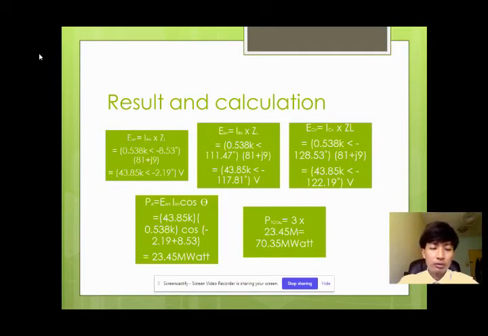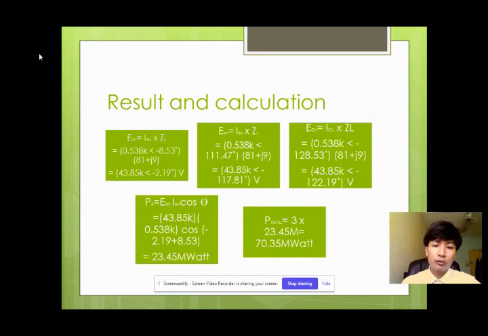So the other part is PA, which is equal to EAN times IAN cos theta. PA is actually the power absorbed. So the power absorbed that I get is 23.45 megawatt.